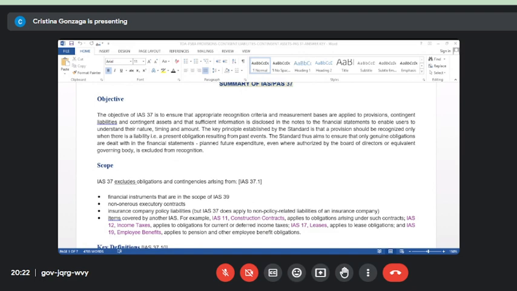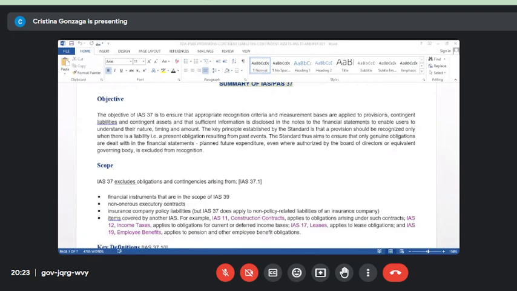Expected outflow of the resources in order to settle the obligation. Okay, and of course, we apply the time value of money. Again, ginagamit na naman natin ang present value factor. And of course, you may also determine the risk that an actual outflow of resources might ultimately differ from those expected. So lahat ng yon ginagamit natin in order to measure using the present value of the resources required in order to settle the obligation.